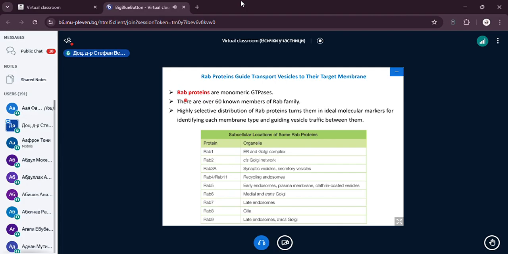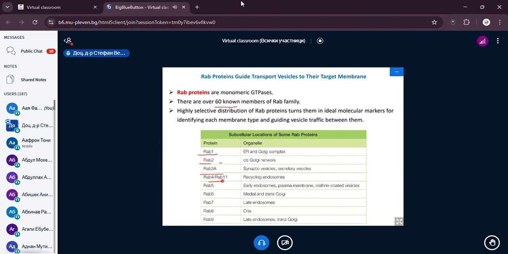There are many RAB proteins described in different vesicles and different structures. These RAB proteins are monomeric GTPases, so they utilize GTP as source of energy. And today we know more than 60 such proteins located everywhere in different structures, and we can use them as markers for these structures.